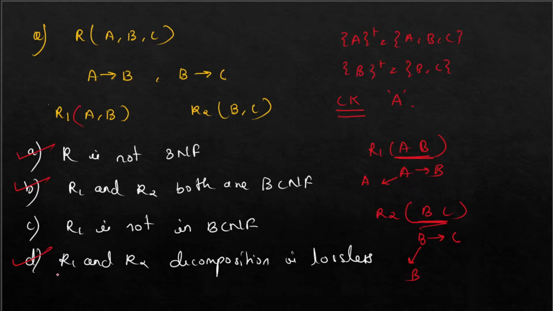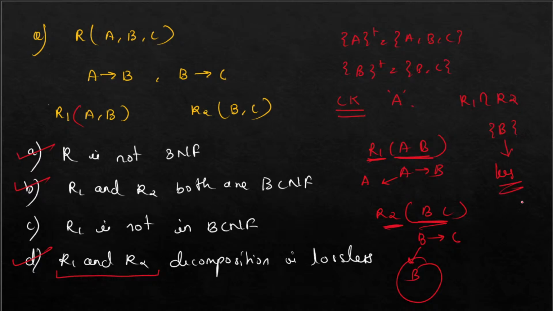They are saying that the R1 and R2 decomposition is lossless. If you take R1 intersection R2, B comes, and we want B to be a key in either of the relations, either in R1 or in R2, and B is a key in R2.